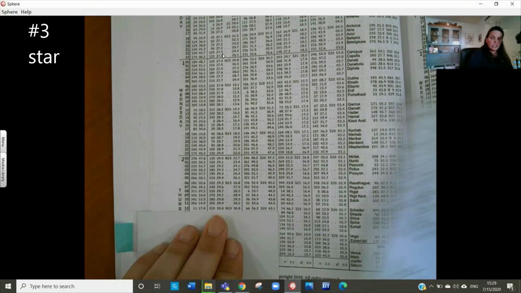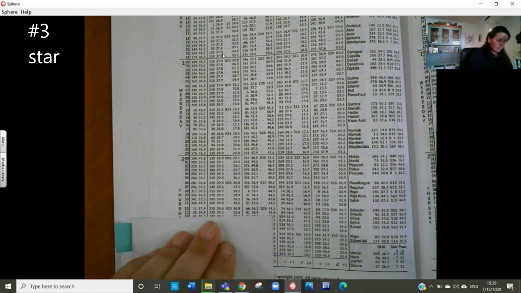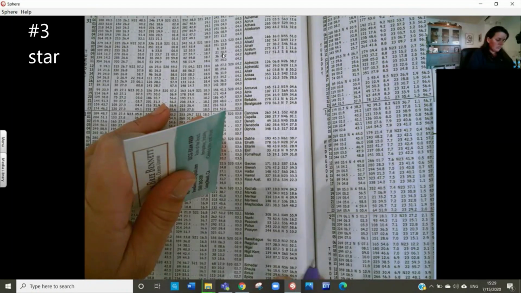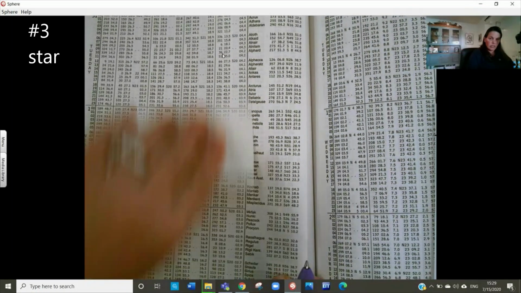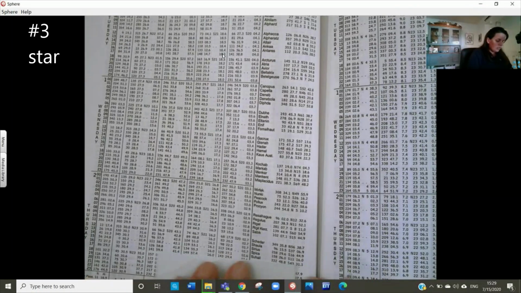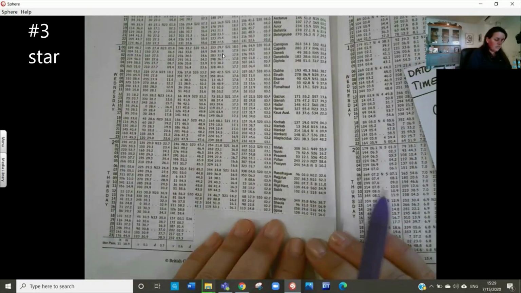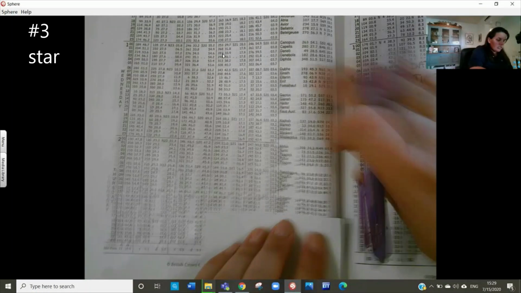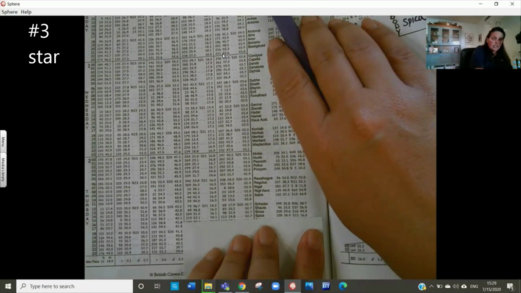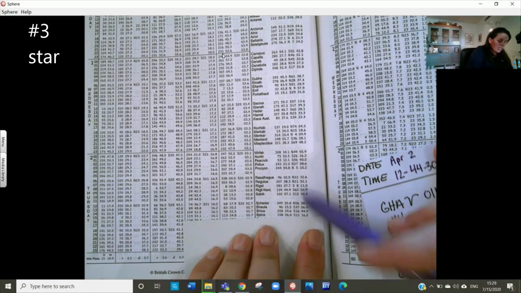We also want to note on this page our star. So our star, we have alphabetical order. It's one of our 57 navigation stars. So under our stars, we have the name of the star, the SHA, and the declination.